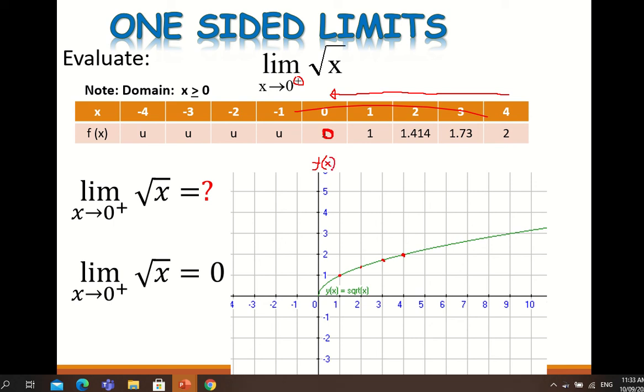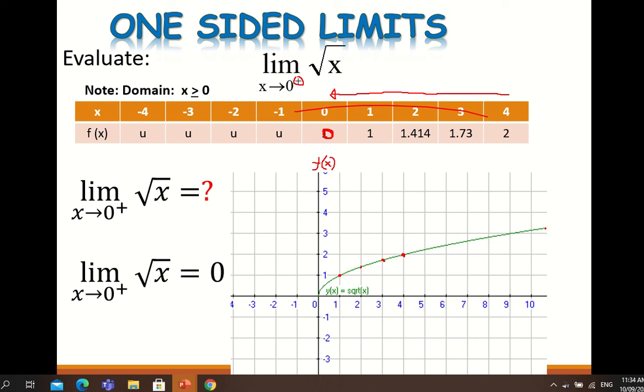Okay, so from this graph, you see from the right, you take values, say for example from 10. Here we just limit our values to 4. Then you go to 0. We start from the right towards 0 because as x approaches 0 from the right, we're coming from the right towards 0. So look at the graph.